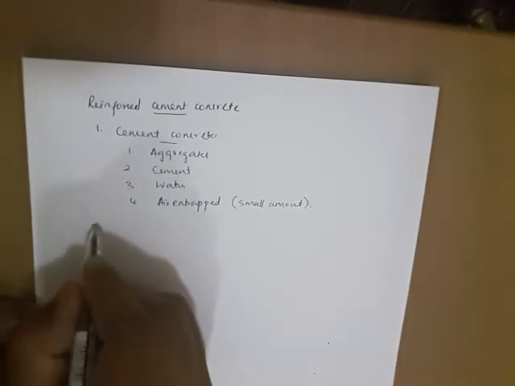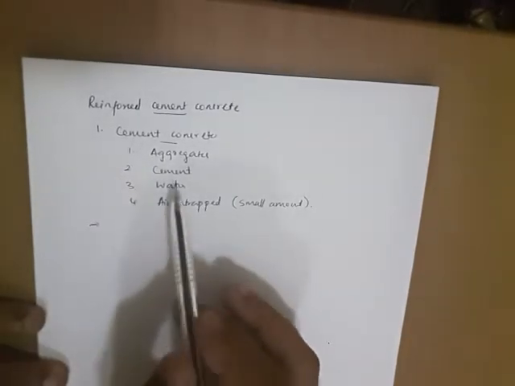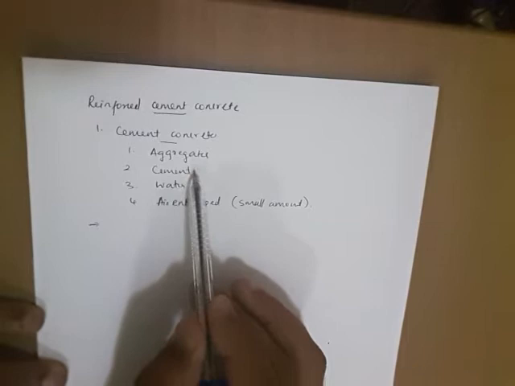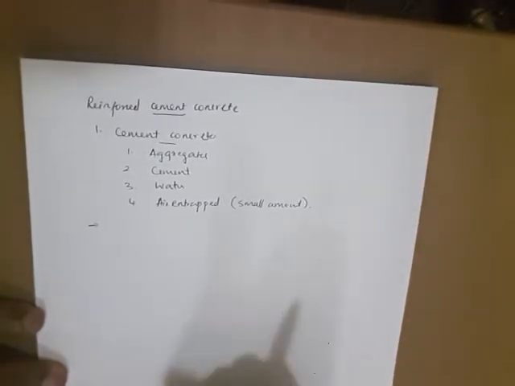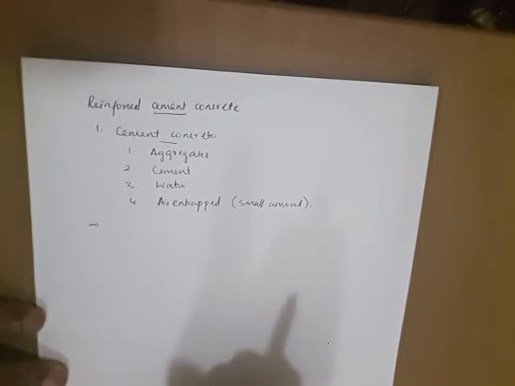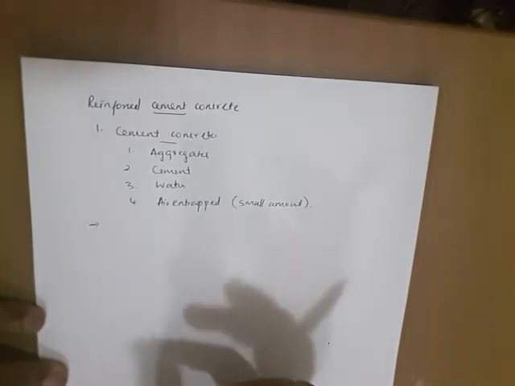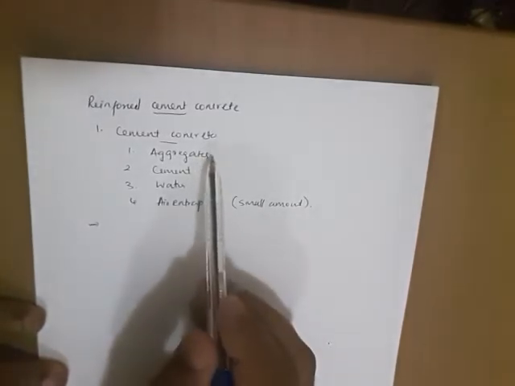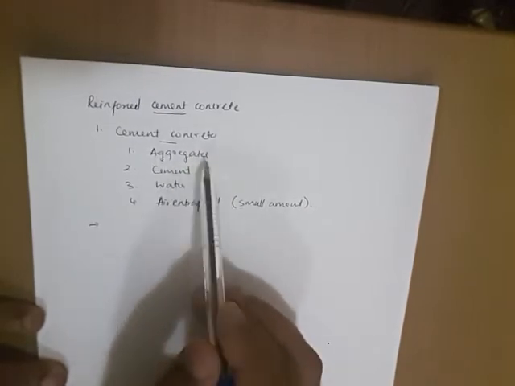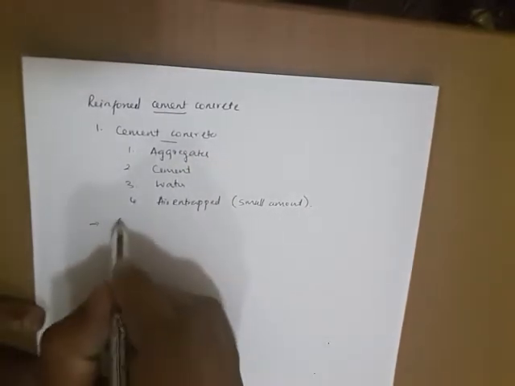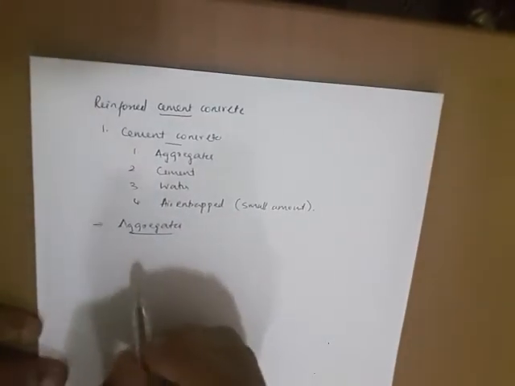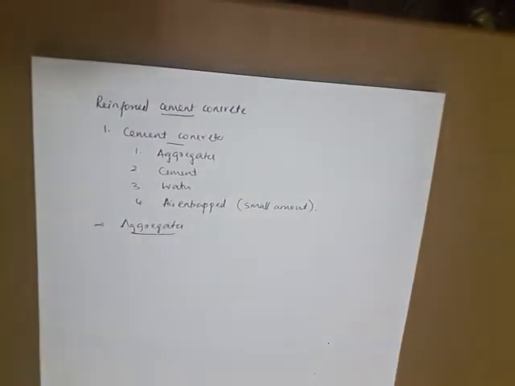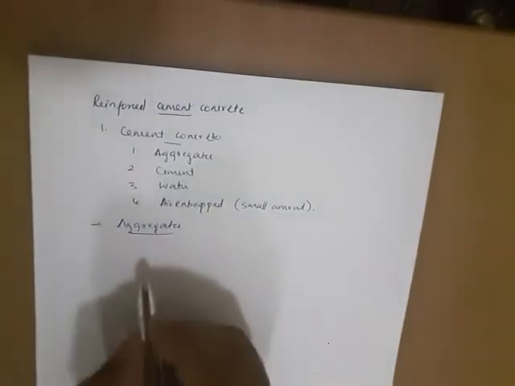We know, first of all, cement and water will generate a slurry and it will fill the voids within aggregates. Aggregates we can basically classify into two types.